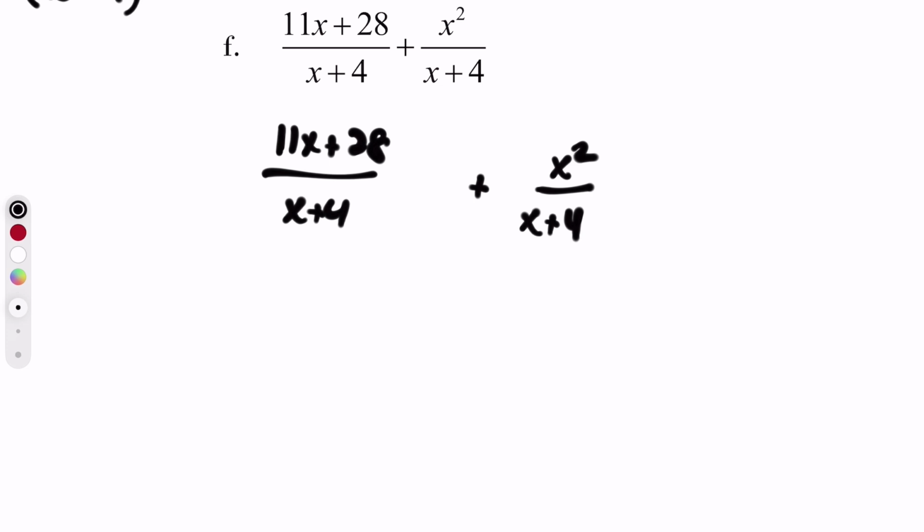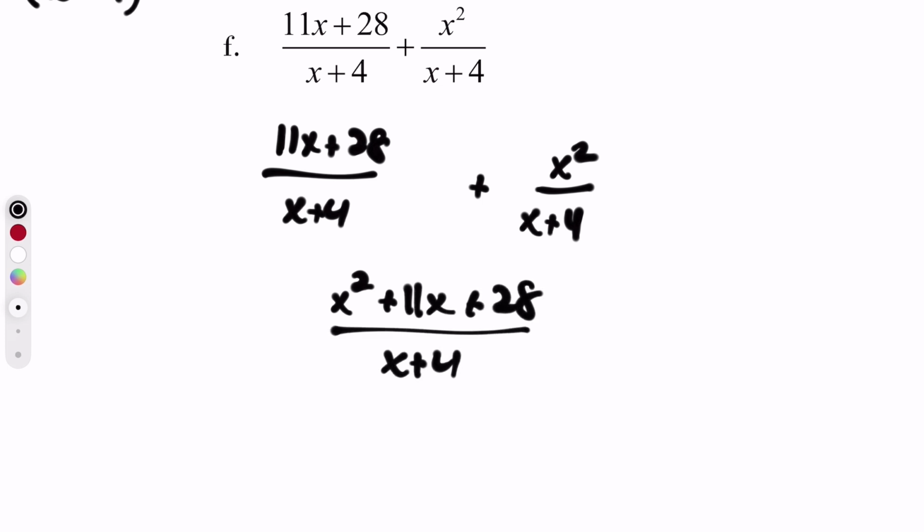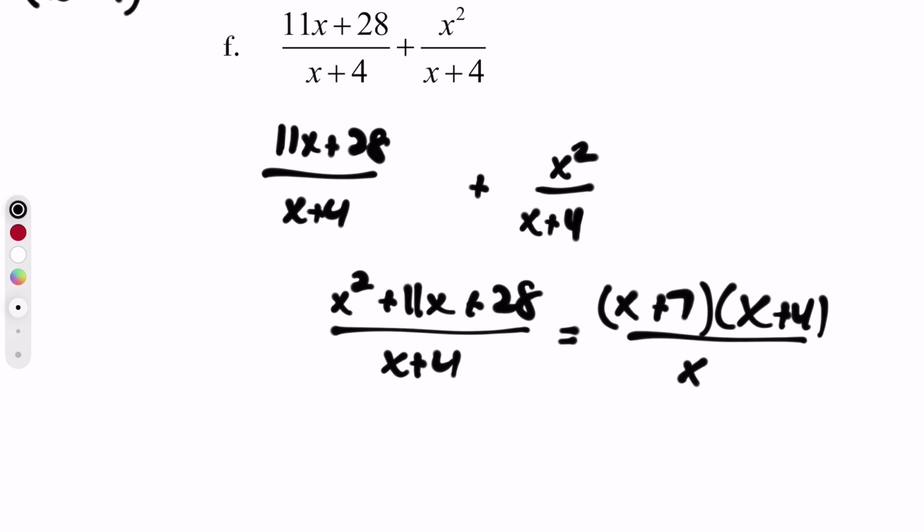Isn't this just x squared plus 11x plus 28 over x plus 4? And that numerator factors to x plus 7, x plus 4, right, over x plus 4. What can I do there? That's right, I could cancel these factors. And really, what I'm left with is just x plus 7.